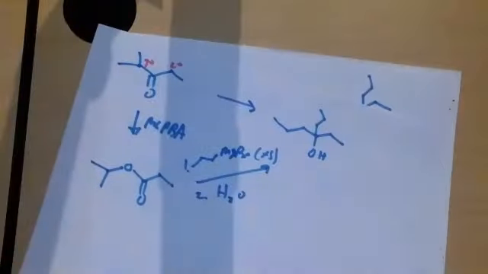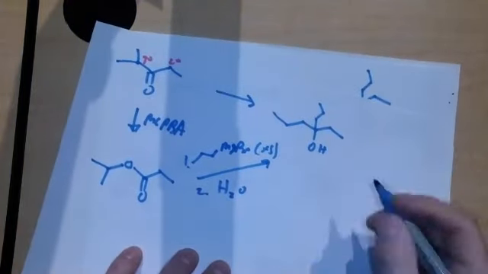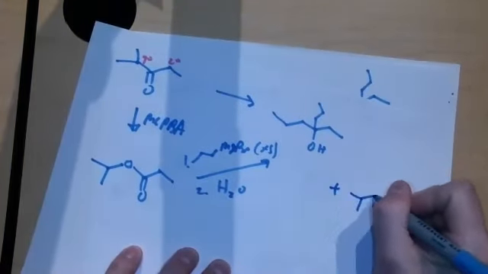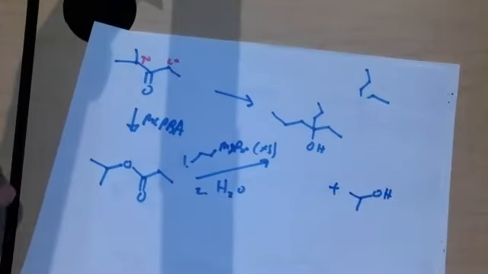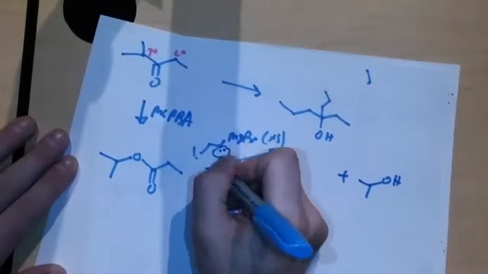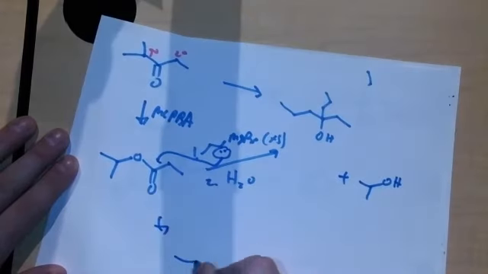What about the isopropyl? Yeah, technically your byproduct would be isopropyl OH. Your Grignard would come in and do an attack.